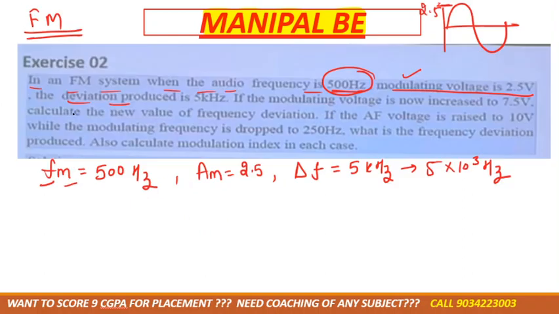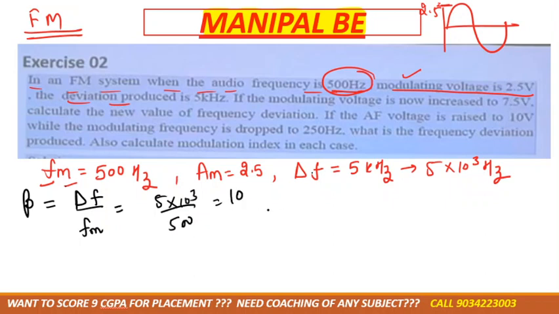Let's see how. For the very first case, we can calculate the value of beta. Beta is delta F divided by fm. We know delta F, we know fm. Tell me the value for beta. That would be 5 into 10 raised to power 3 divided by 500, and 10 is the answer.